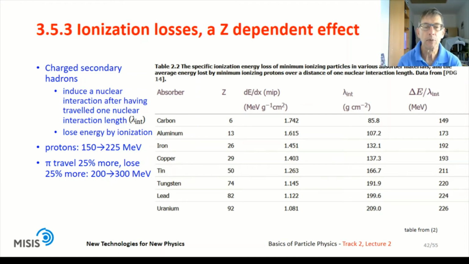I think this table was for 100 GeV protons. And then pions, they travel longer, so they lose 25% more energy. Yeah, this is for minimum ionizing protons, in fact. So it's not the incoming proton that is important.